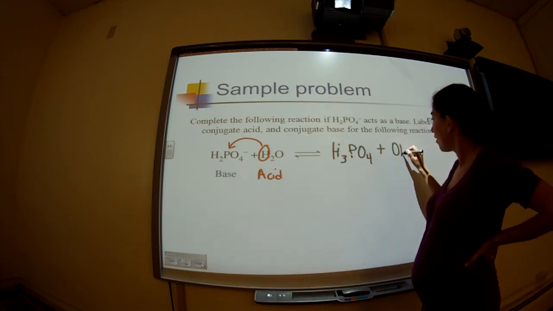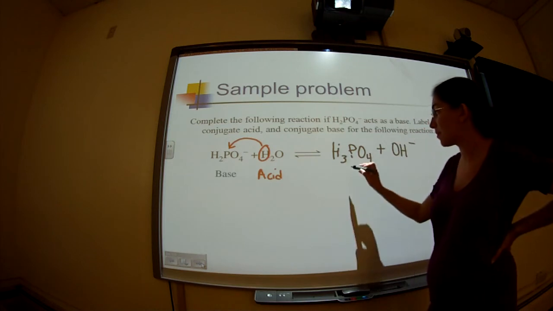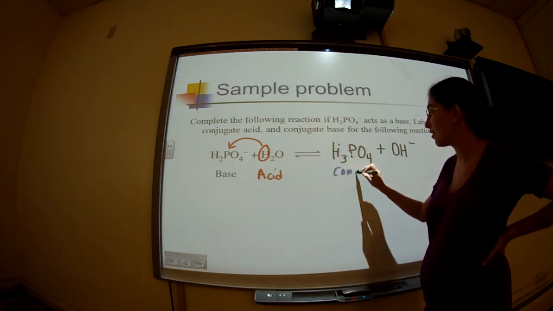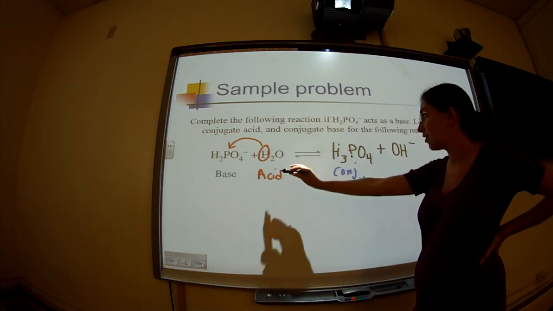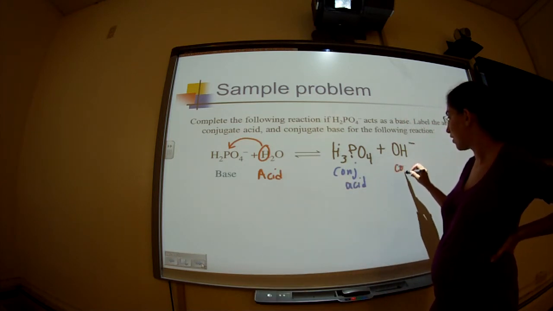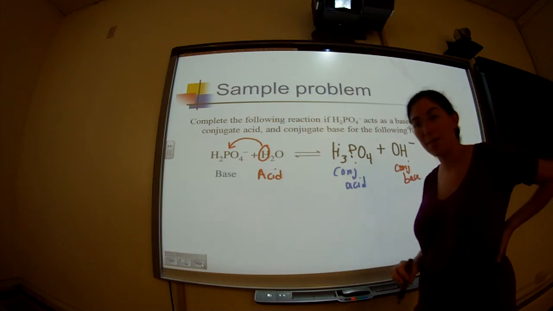What's left of the water is going to be a hydroxide ion. So our base becomes this, the conjugate acid, and our acid becomes this, our conjugate base.